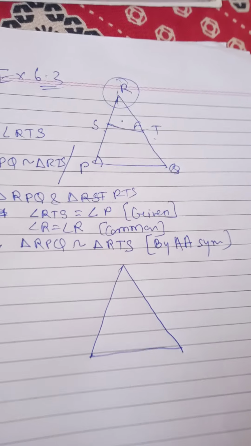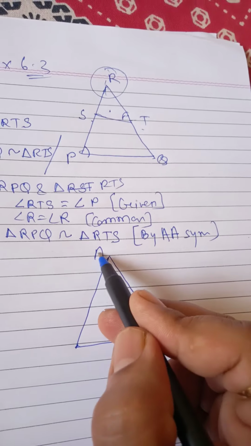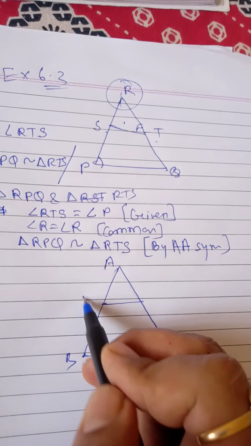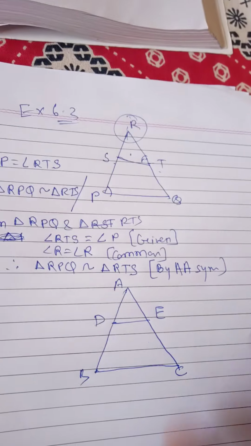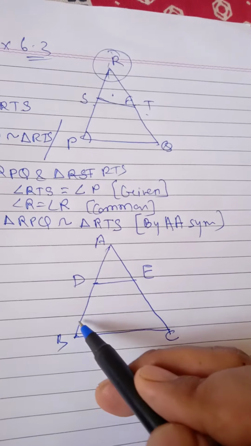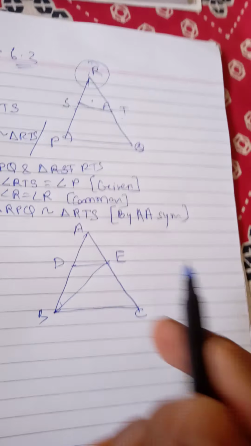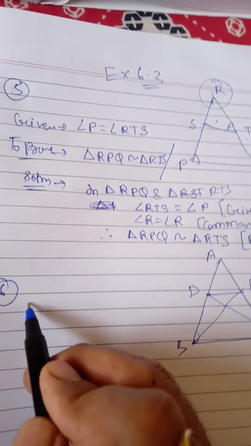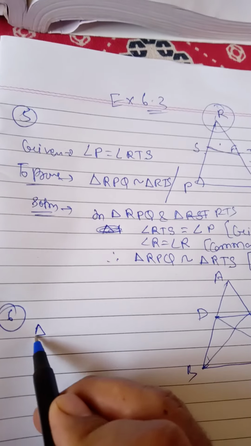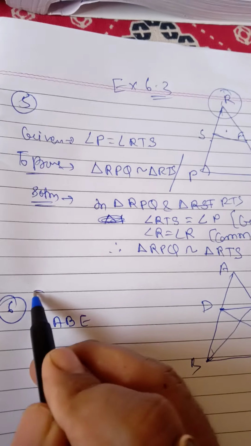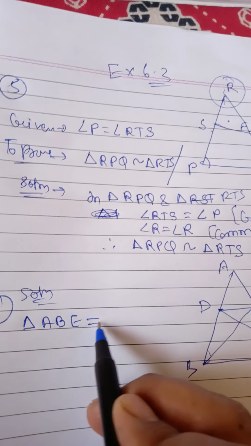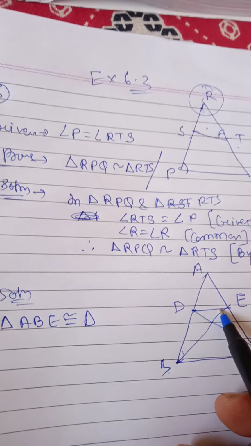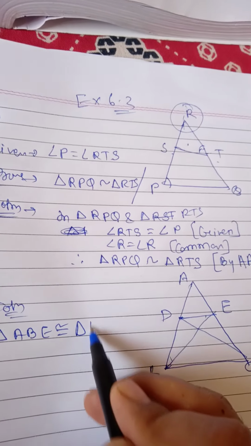We are given a triangle ABC in which points D and E lie in such a way that BE has been joined as well as DC has been joined. Now you are given in the question that triangle ABE is congruent to triangle ACD.